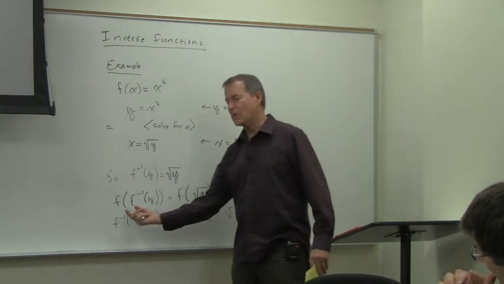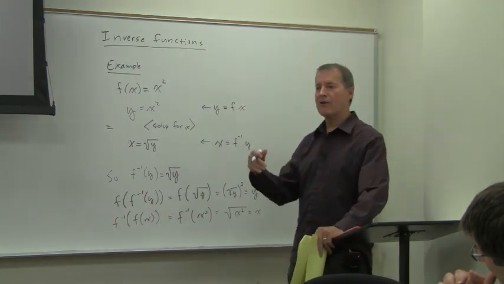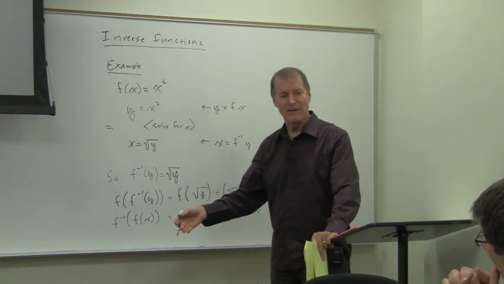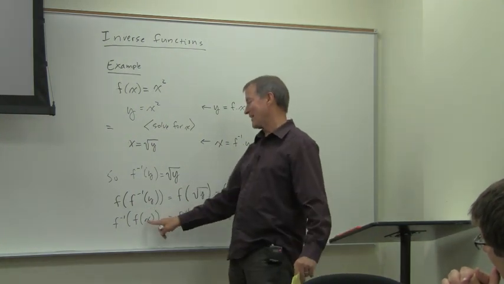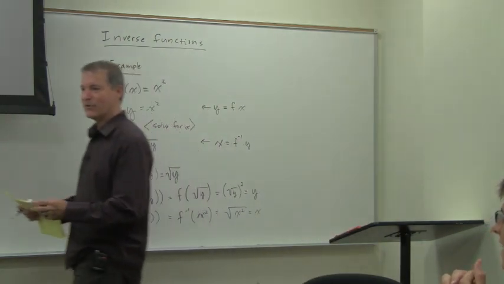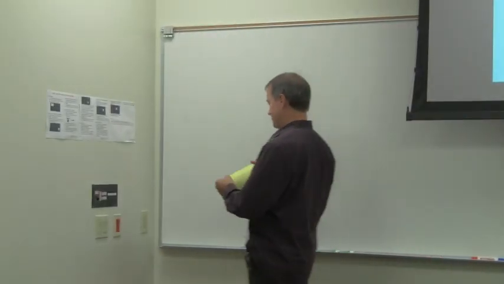So it doesn't matter which way you do it. If you have a function of its inverse, or the inverse function of the function, what do you always get back? The variable. So that is the definition of inverse in general.